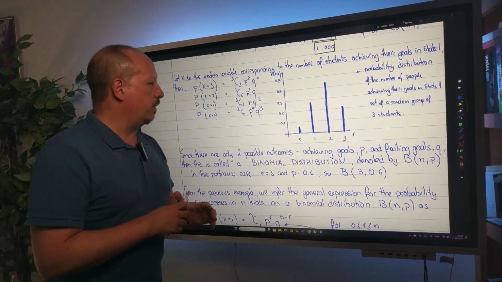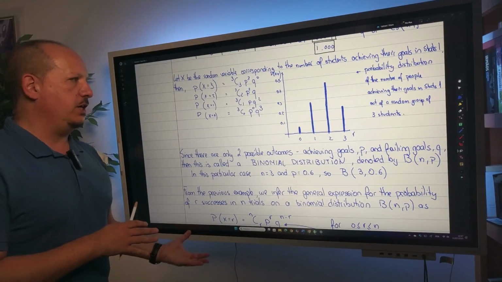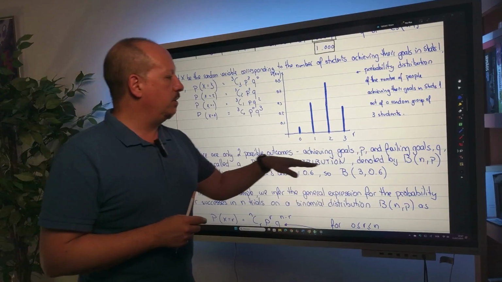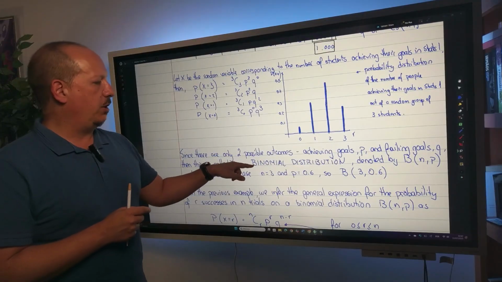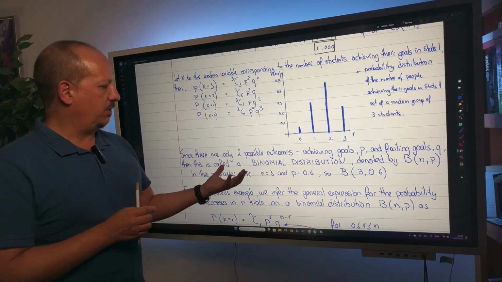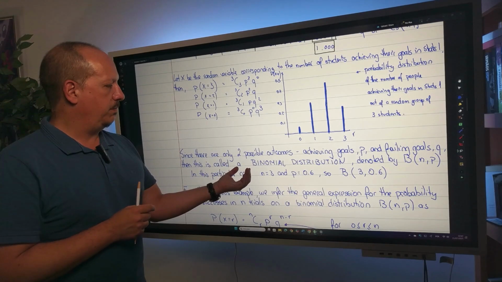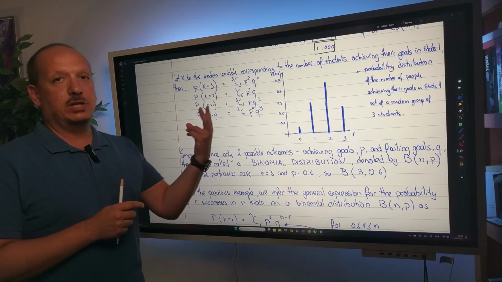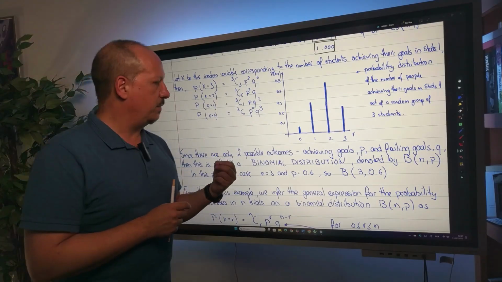Since there are only 2 possible outcomes, achieving goals P and failing goals Q, this is called a binomial distribution. Binomial, the bi over here means that you only have 2 different options, okay?